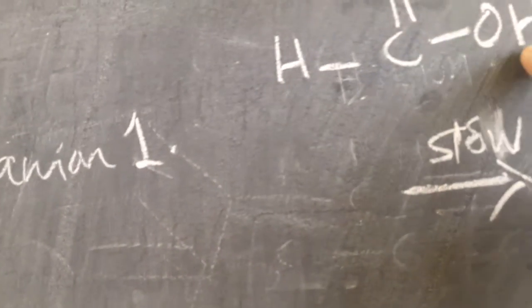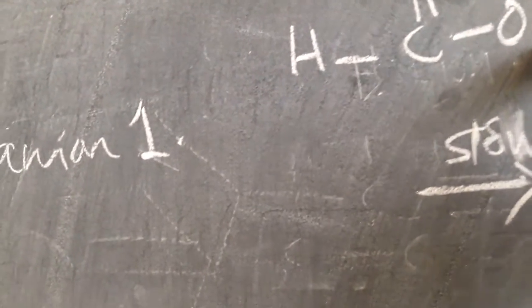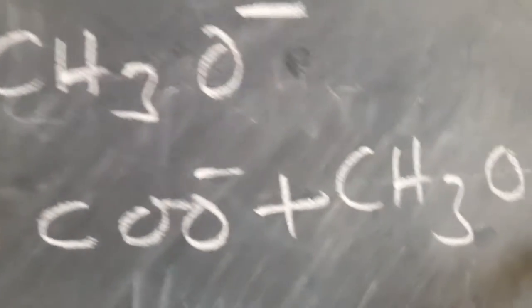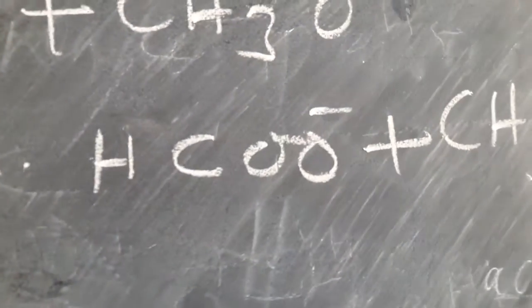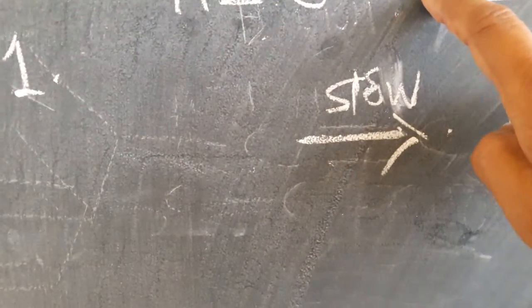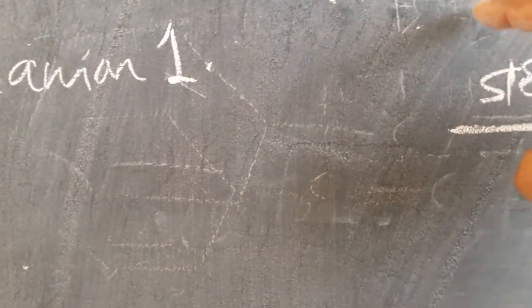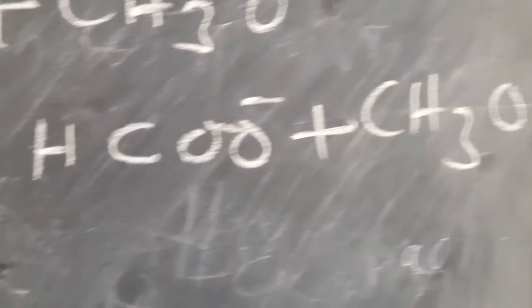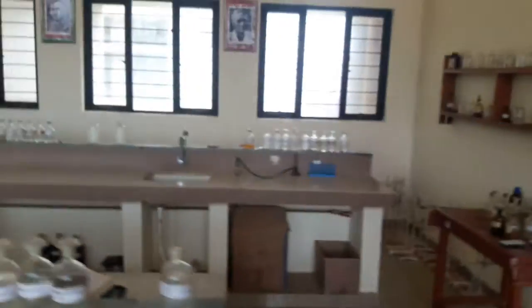The remaining H minus is going to this side. So CH3OH and the other part, after removing this H plus, you will be getting HCOO minus. So this is the reaction, and I will try to explain the reaction after keeping this camera here.